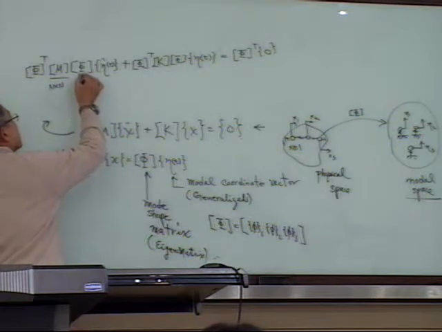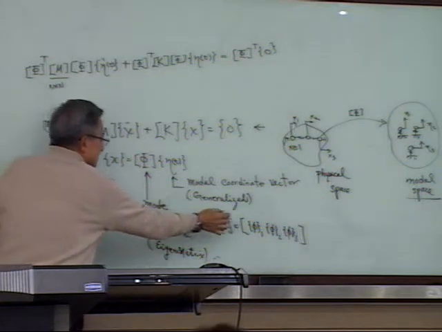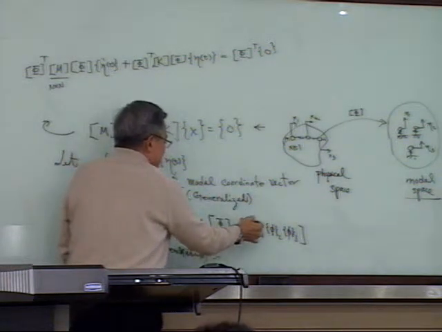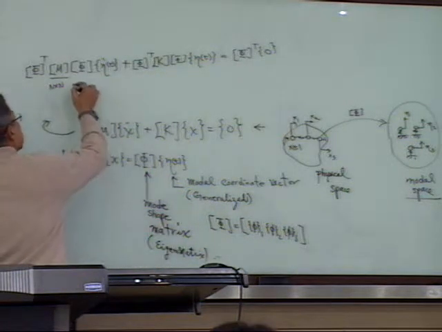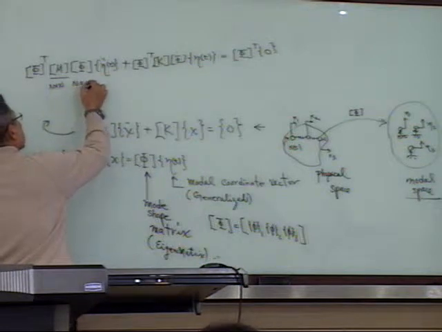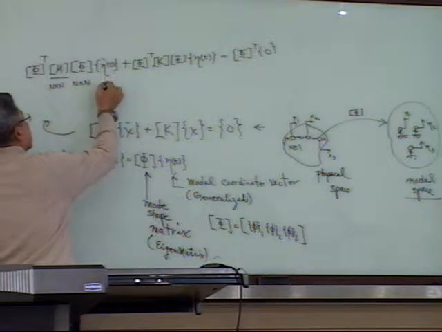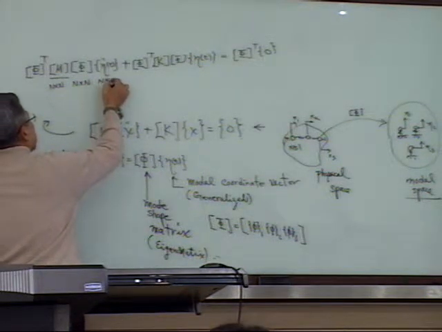And this is going to be phi. Each column has n rows, so this is n by 1, n by n. This is going to be n by 1.